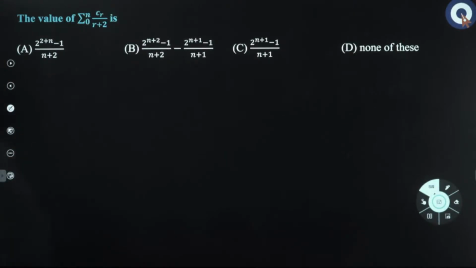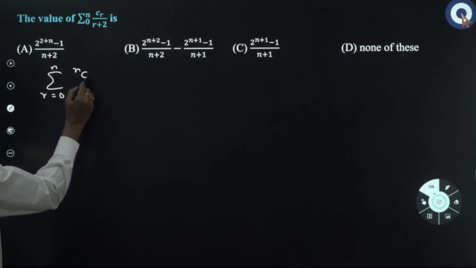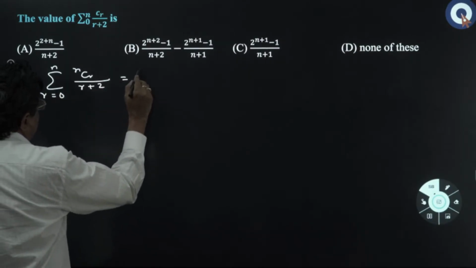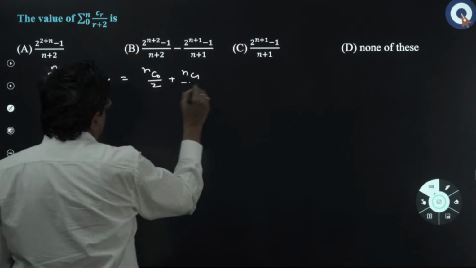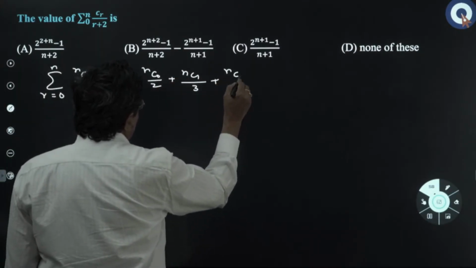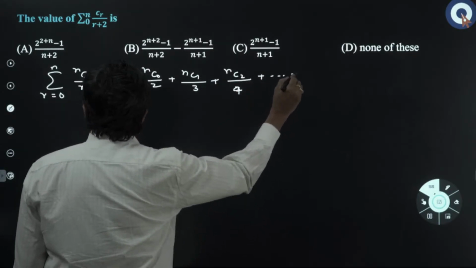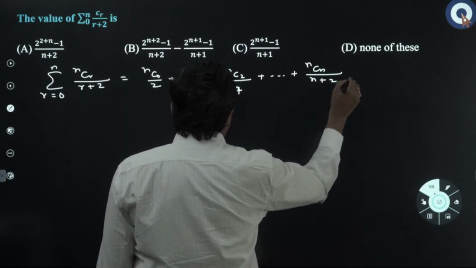Okay, the value of sigma r equal to 0 to n, nCr by r plus 2. So this is nothing but nC0 by 2 plus nC1 by 3 plus nC2 by 4 plus so on plus nCn by n plus 2.